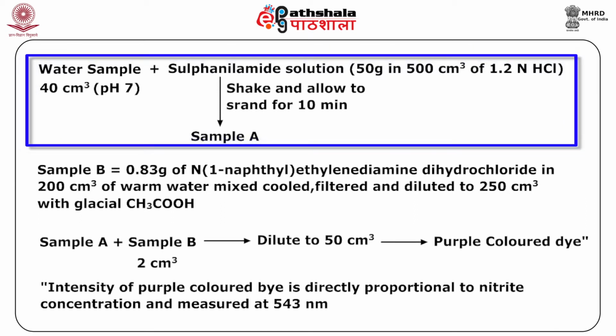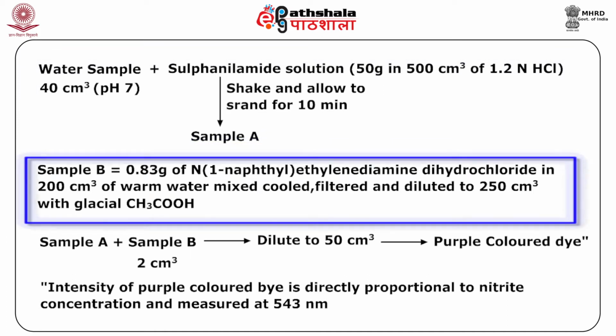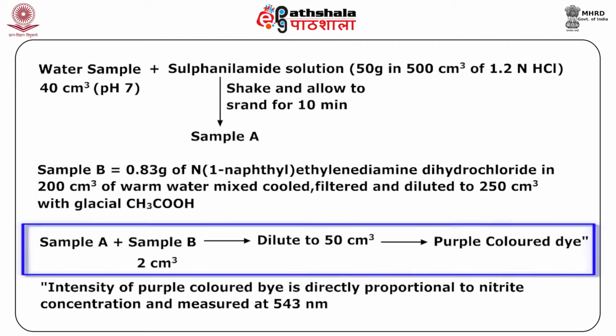You get sample A. Sample B is prepared by dissolving 0.3 grams of N1-naphthyl ethylene diamine dihydrochloride in 200 cm3 of warm water, mixed, then cooled, filtered and diluted to 250 cm3 with glacial acetic acid. Subsequently, sample A and sample B are mixed.